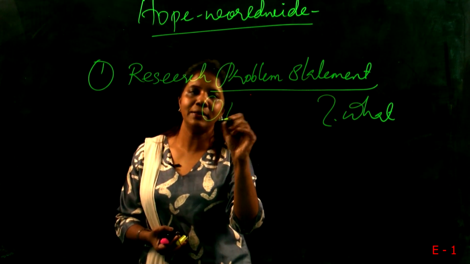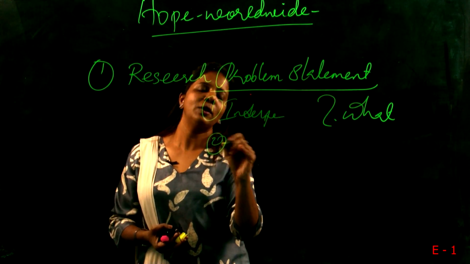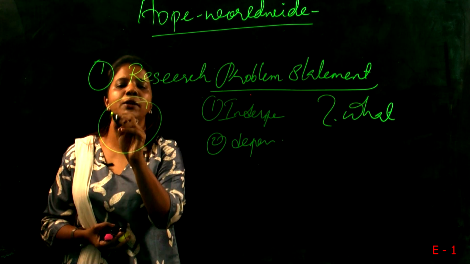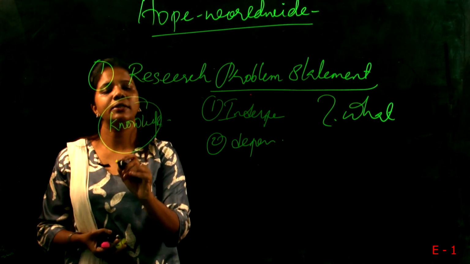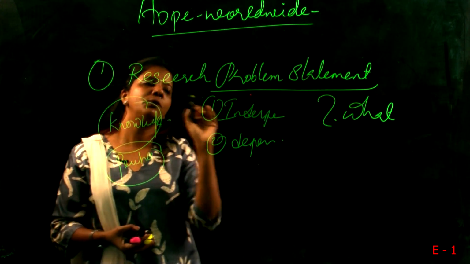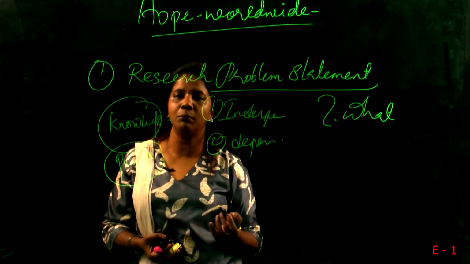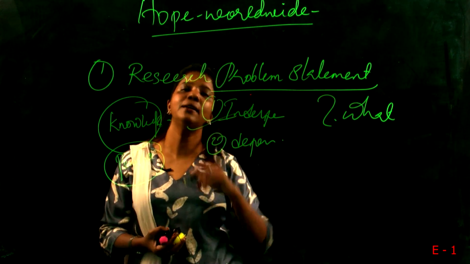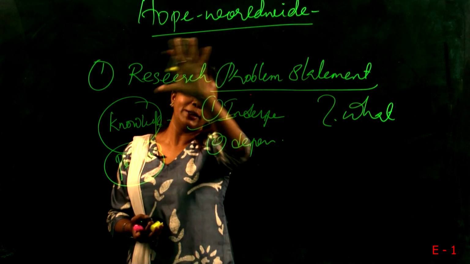One is the independent variable, the other is called the dependent variable, right? So what is a variable actually? Something that you measure. For example, if your study is measuring knowledge, that is a variable. If you are measuring practice, that is called a variable, right? If you have any kind of intervention like STP, structured teaching program, or any kind of experiment, that comes under independent variable.